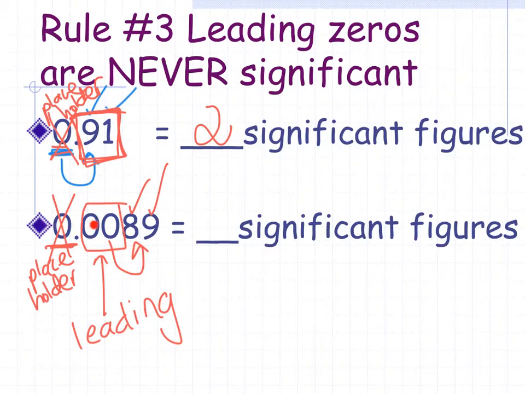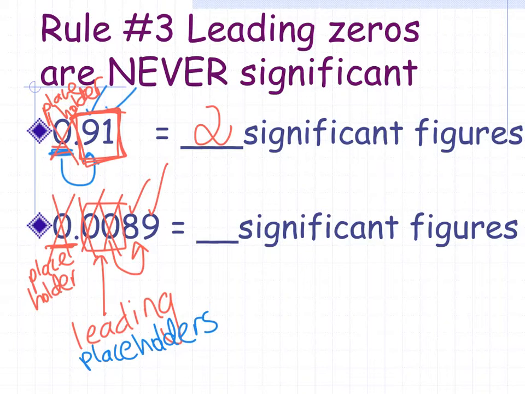So all 3 of these zeros for significance do not count. Do I have to write them? And the answer is yes. The reason I have to write them is because they are also placeholders. Since they're placeholders, I have to write them to hold the place of the 8.